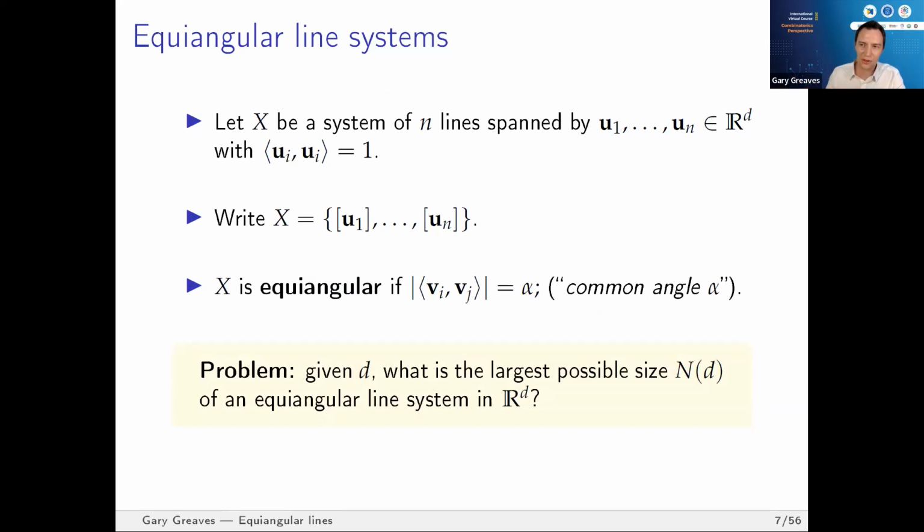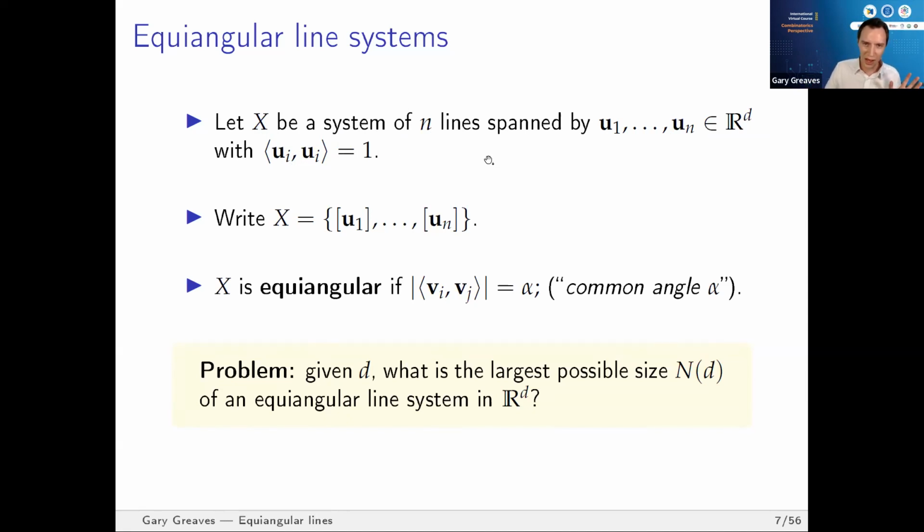It's the same definition, I'm just encoding it using some vectors. So here's the setup. Let X be a system of n lines spanned by these vectors u1 up to un, and we assume that they're unit vectors. So the inner product of each vector with itself is equal to 1.